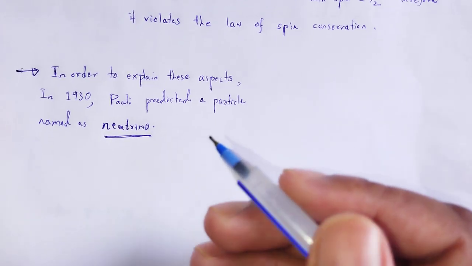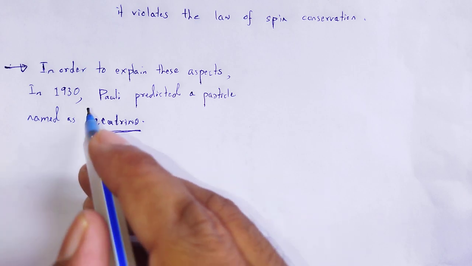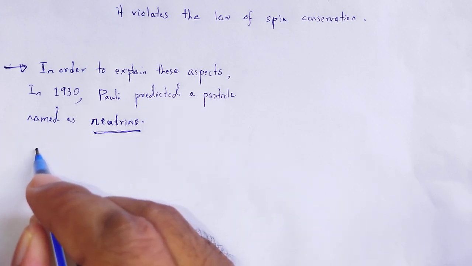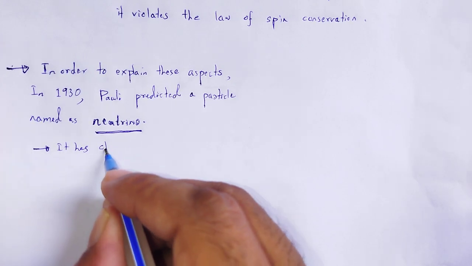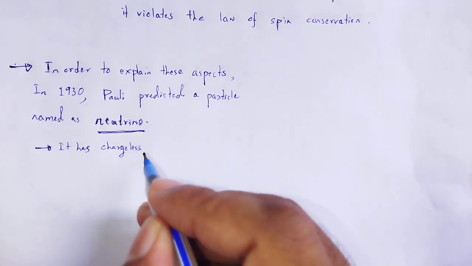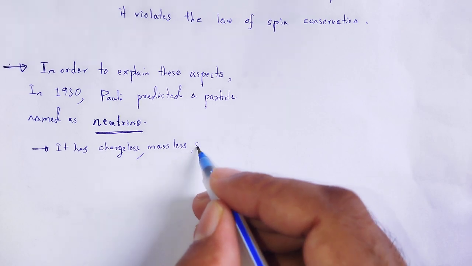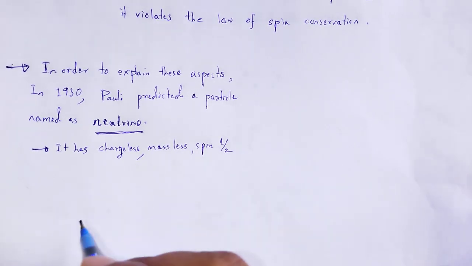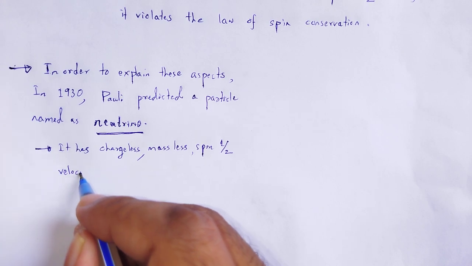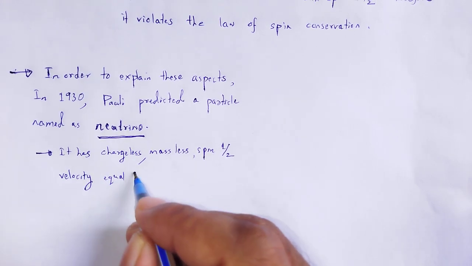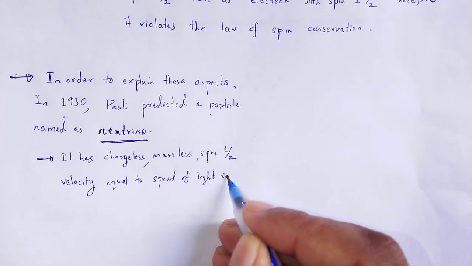So, the basic properties of neutrino, he hypothesized as neutrino: it is chargeless, massless, spin half, velocity equal to the speed of light, that is c.